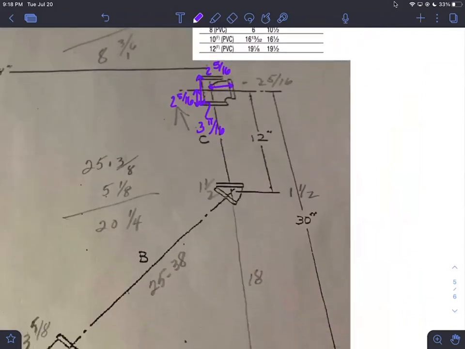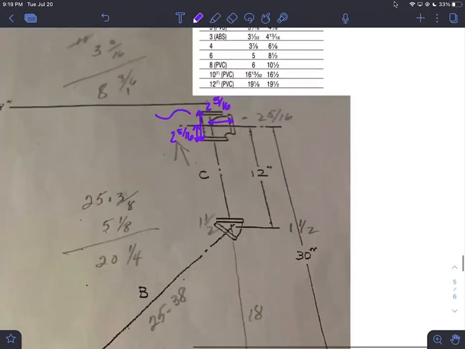Then I can see that from here to here is 12 inches. So from here to here is 12 inches. From here to here is 2 5/16. So that means C is 12 minus 2 5/16.